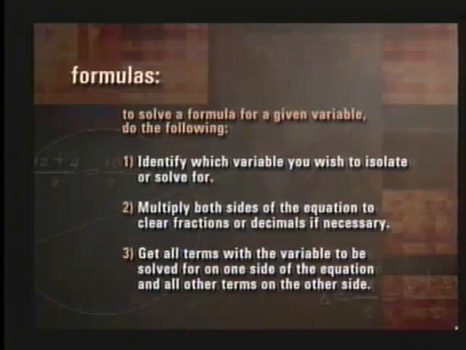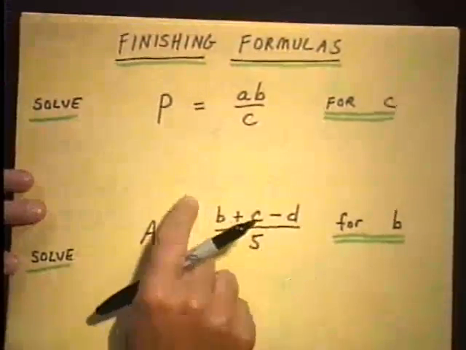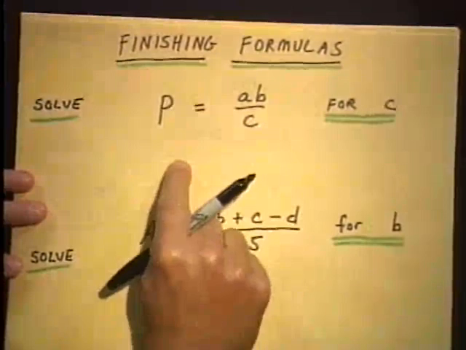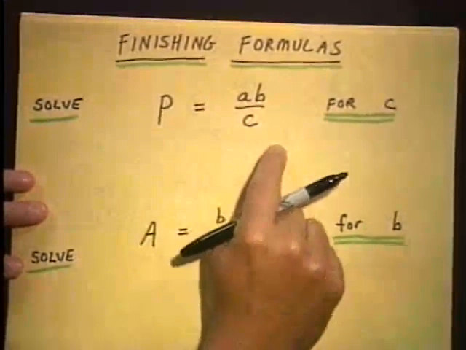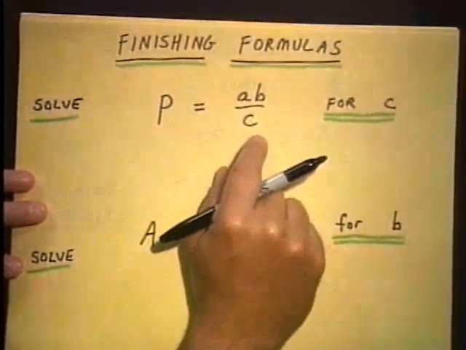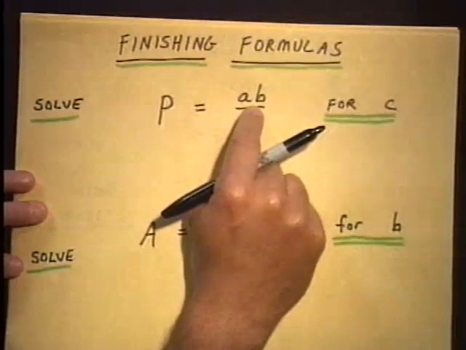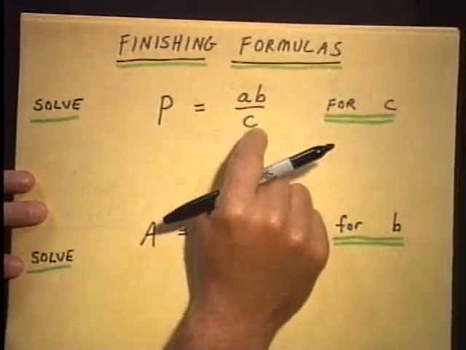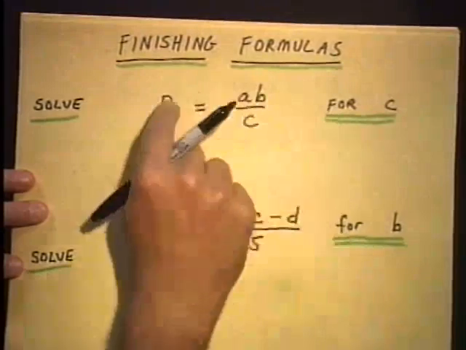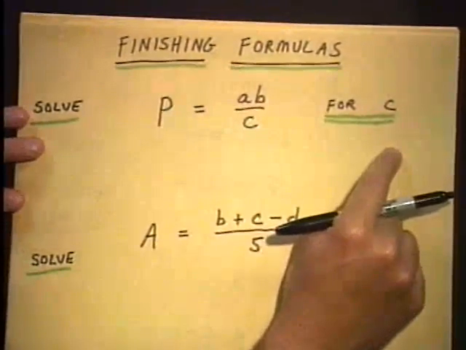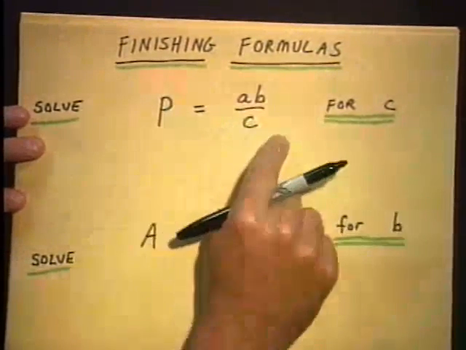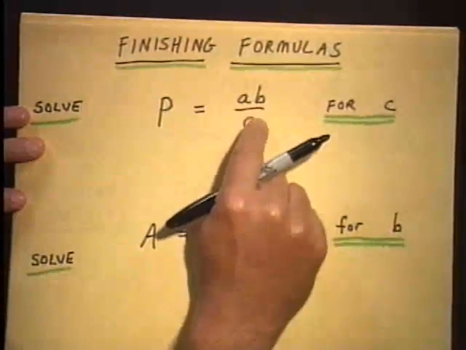So going to the example I left off with last time before we ran out of time, we were solving the formula here, P equals AB over C. Now what does AB over C mean? It means A times B all divided by C. We're going to solve this formula for C, so the first thing we need to do is get rid of the fractions by undoing the division here.